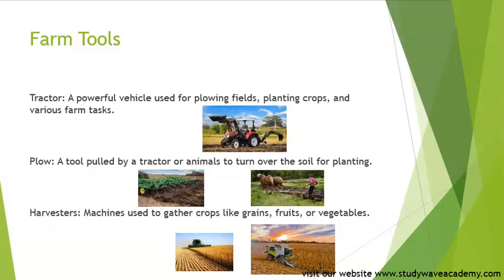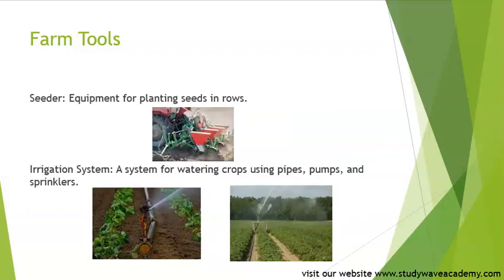So these are also farm tools, though they are not simple. We have the seeder, equipment for planting seeds in rows. This is called the seeder. It is for planting seeds in rows.